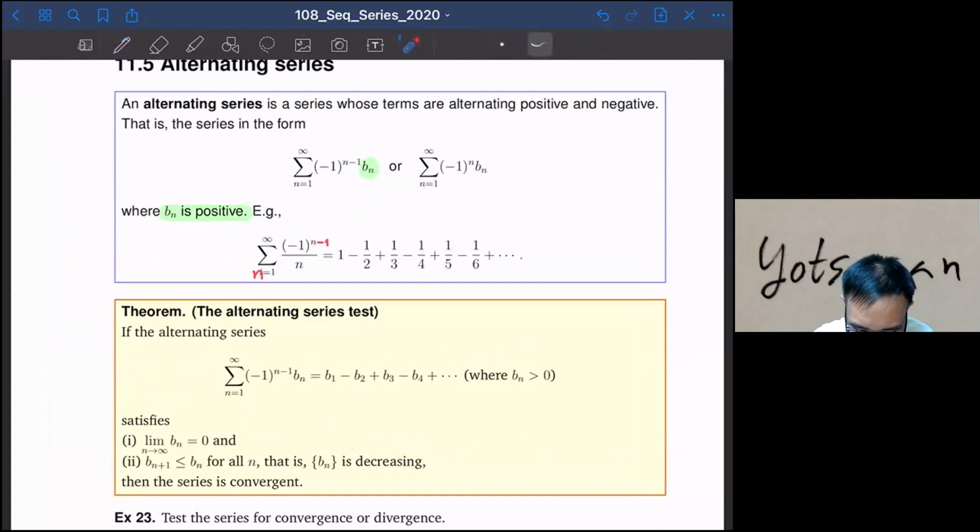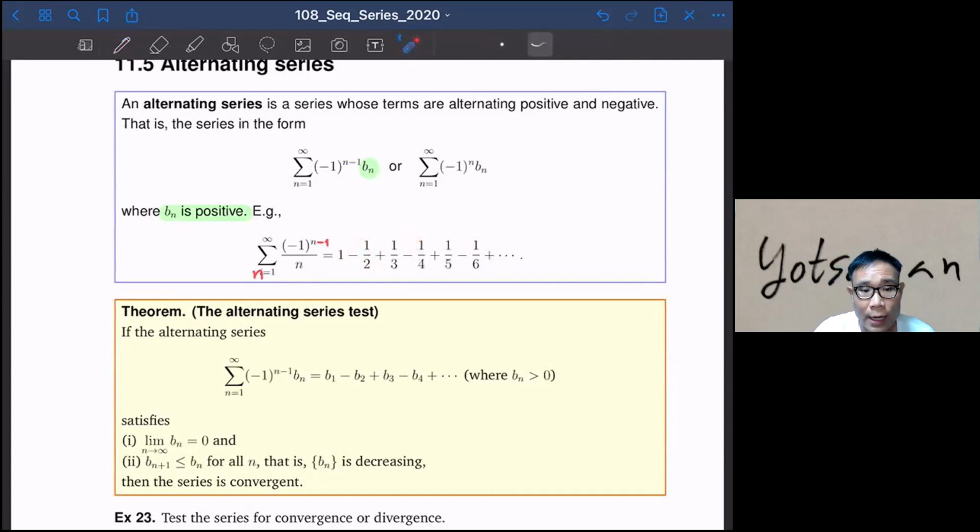So when n equal to 1, it's going to be 1. When n equal to 2, it's going to be -1/2, plus 1/3, and you continue. So you see that you're going to have the sign positive, negative, positive, negative alternately.